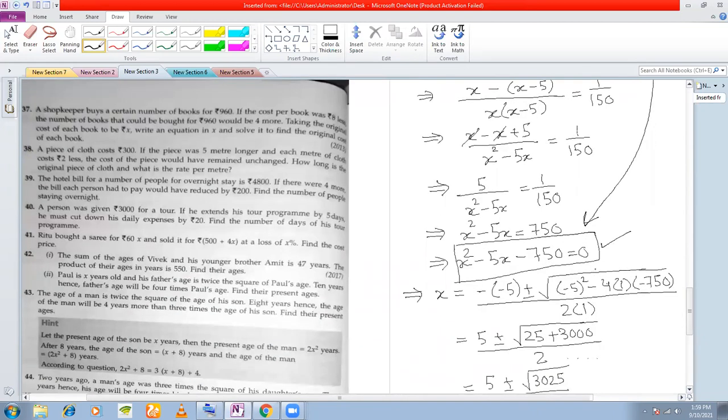Now, see, even if you don't form an equation, you will be able to see which equation is right.